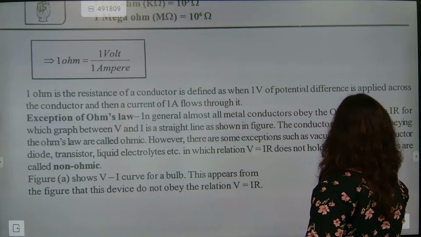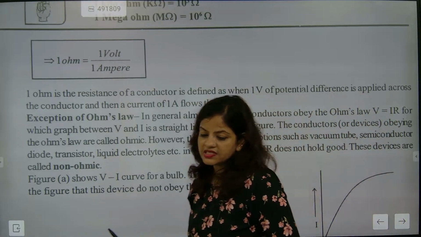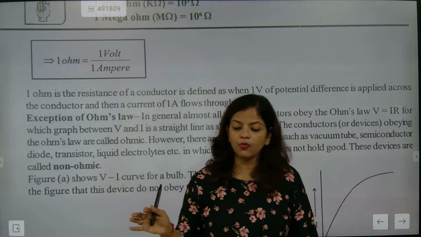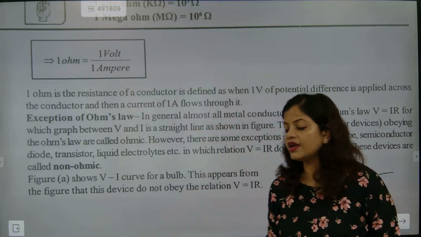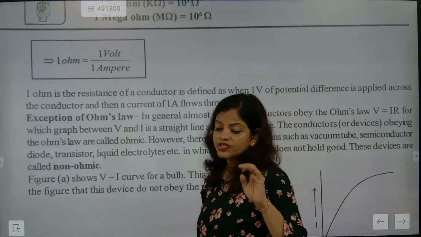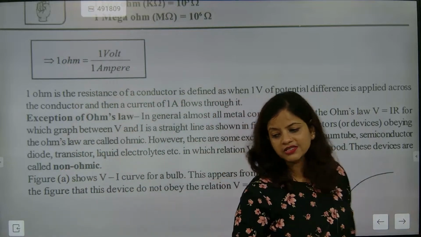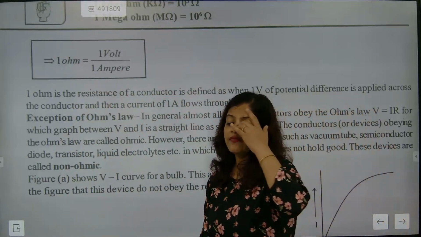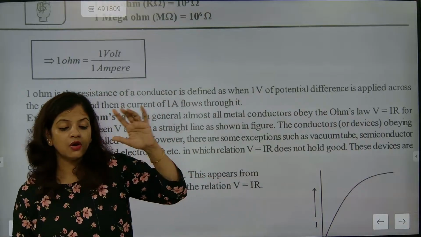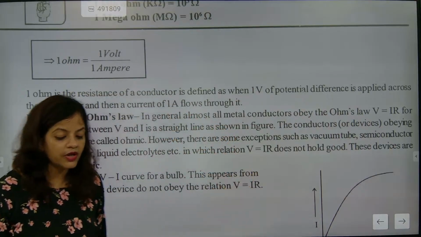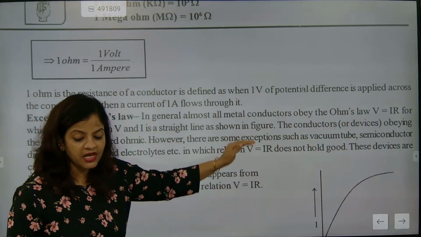So these devices are called non-ohmic. Which ones are ohmic, beta? Most of the metals follow Ohm's law, but only some are not following. What are they?